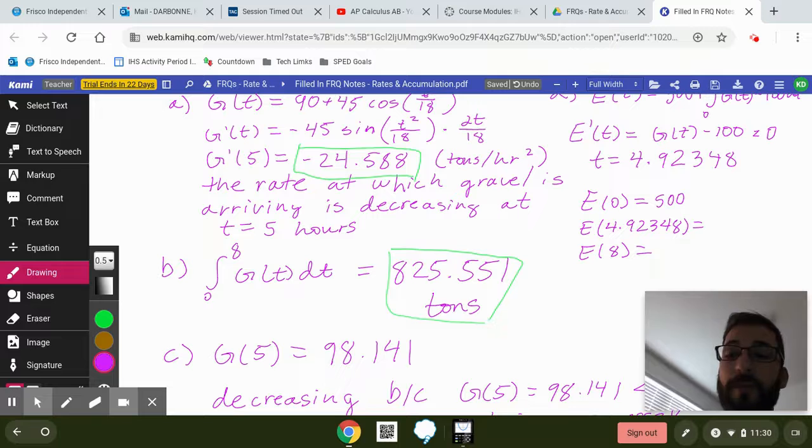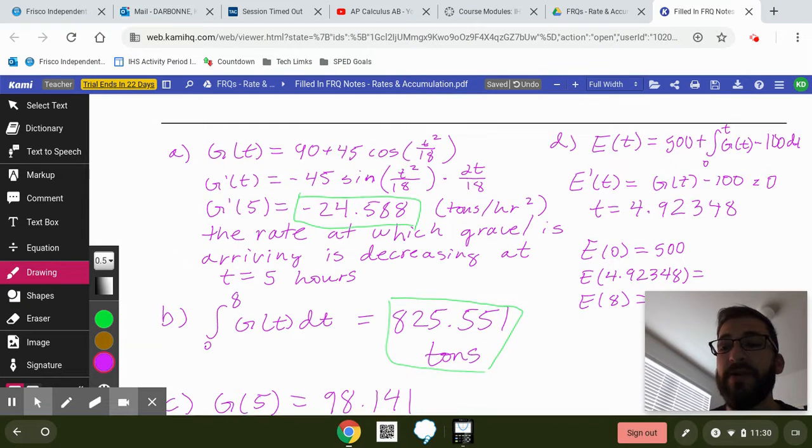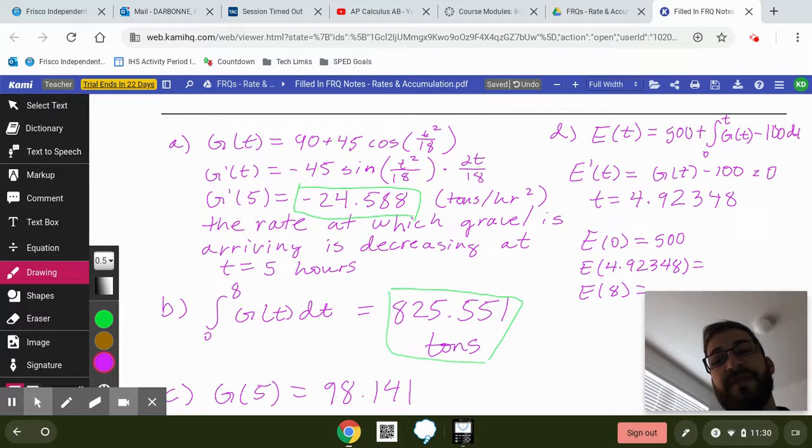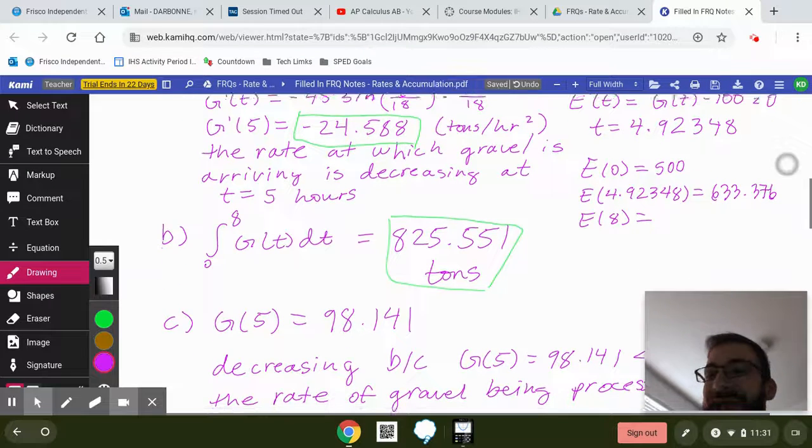All right, E of 4.92348. Remember, we're plugging it into this equation, this 500 plus the integral from 0 to 8 of g of t minus 100 dt. Now for time's sake, because this video has gone a little long, I'm just going to give you what it is. It should be 633.376. And then last but not least, E of 8, same idea.